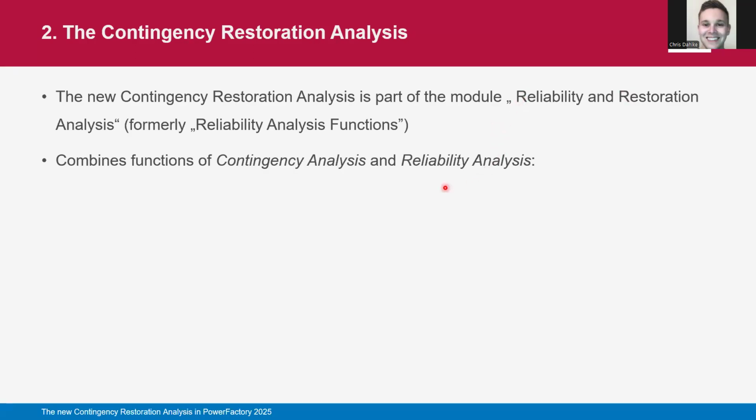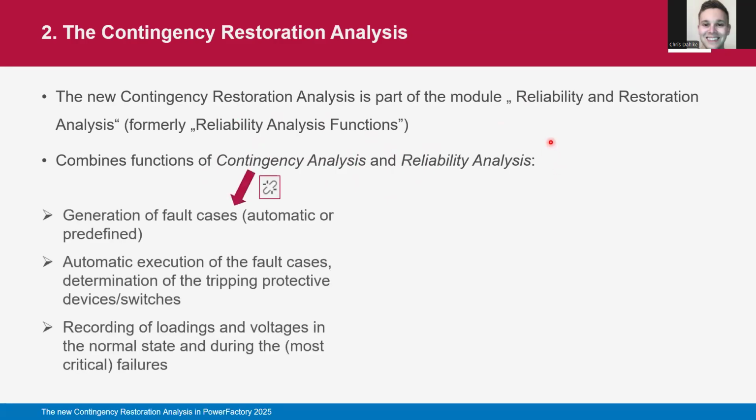This new functionality combines functions that are present already in the contingency analysis with the reliability analysis. And what's inside? From the contingency side, the generation of fault cases, which can be done either automatically or with a predefined set of contingencies, is taken from the contingency analysis.